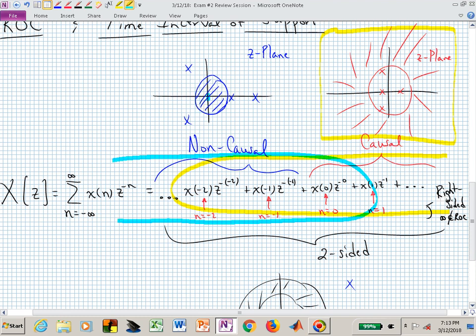It has a finite number of time domain sequence values that have positive indices. This is now left-sided, which means that 0 is not in the region of convergence.